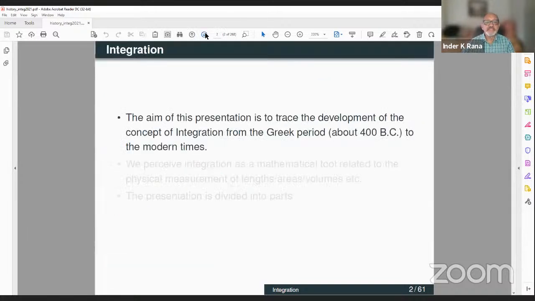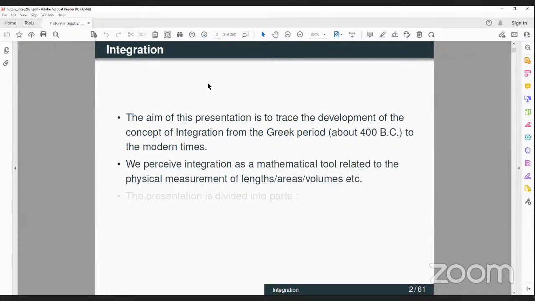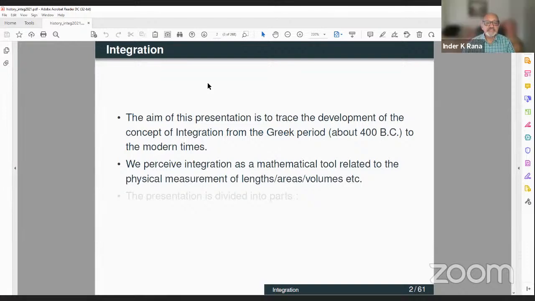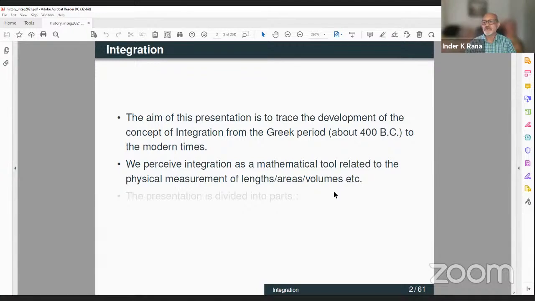The aim of this presentation is to trace the development of the concept of integration from the Greek period, around 400 BC, to modern times. The definition of integration I'm taking to trace this historical development is that we perceive integration as a mathematical tool related to the physical measurement of lengths, areas, and volumes.